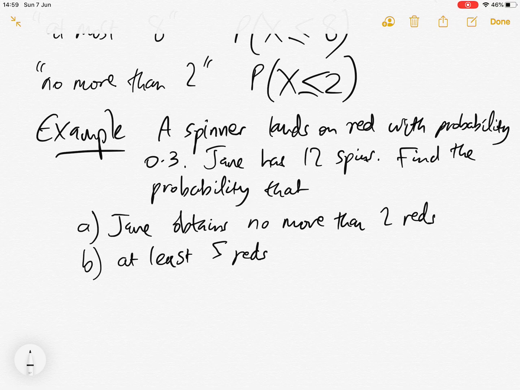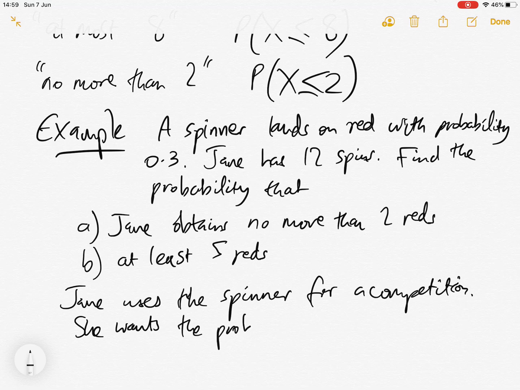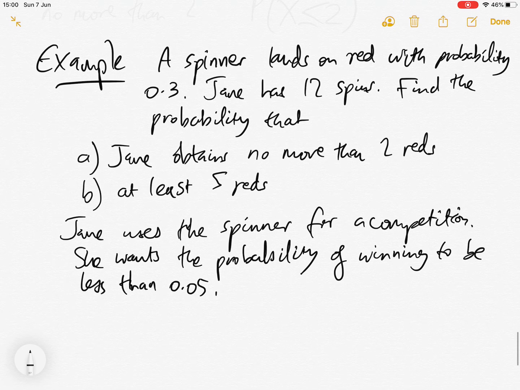And then we're told Jane uses the spinner for a competition. She wants the probability of winning a prize to be less than 0.05.